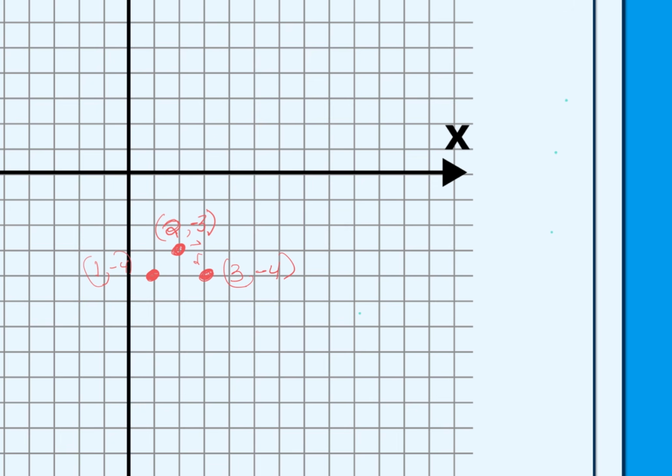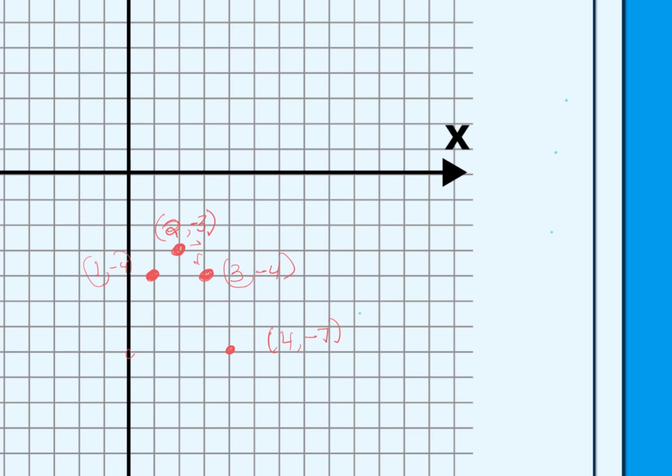We could go over 2, down 4. 1, 2, 3, 4. Okay? So that is going to be which point? That is going to be 4, negative 7. We're going to go over 2 to the left, down 4 from negative 3.